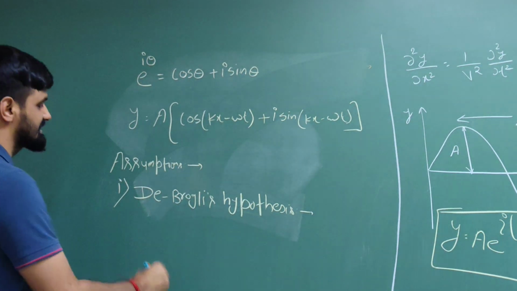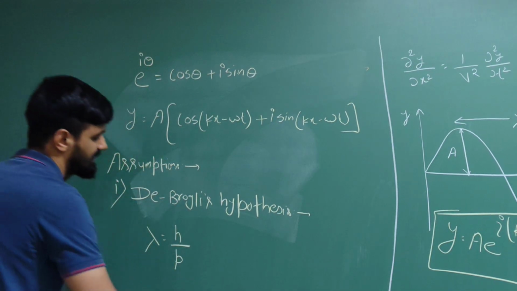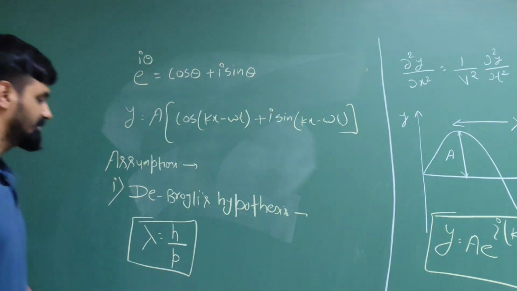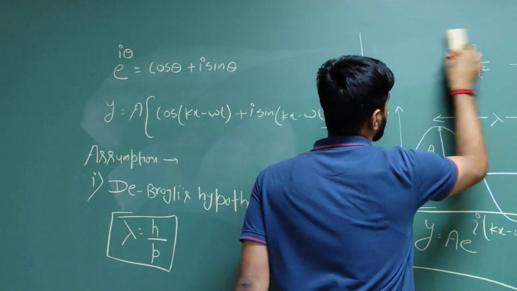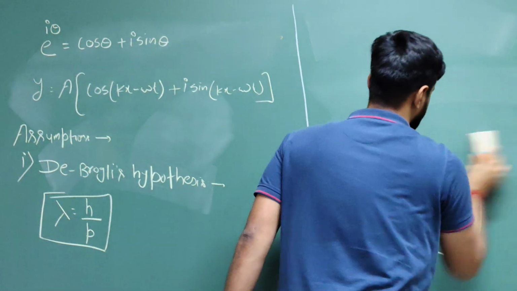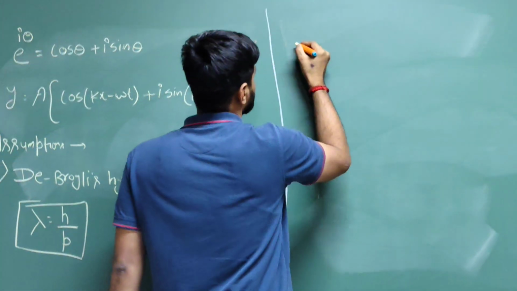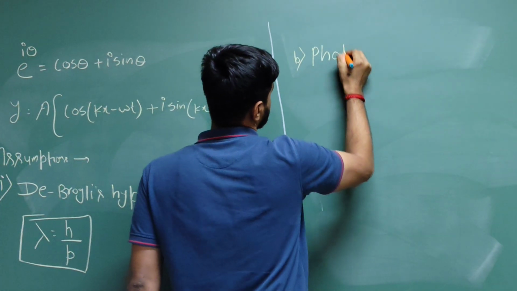De Broglie's hypothesis tells us that lambda equals h divided by p, where the wavelength is related to the momentum, right? And the photoelectric effect, so it should be consistent with both of these. So B will be the photoelectric effect.